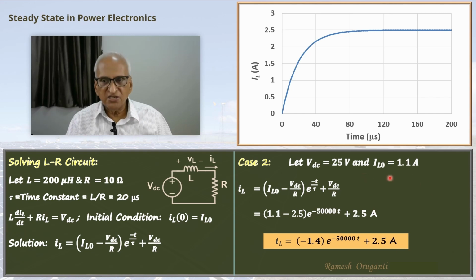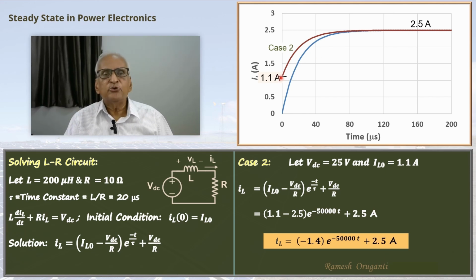I have taken the initial current of 1.1 ampere arbitrarily. So we can plot this. The red curve shows that it starts from 1.1 ampere and goes to 2.5 ampere. The steady state is still the same. So when t is very large, that is 5 tau or 10 tau or higher, this first term becomes 0. So IL will go to 2.5 amperes.